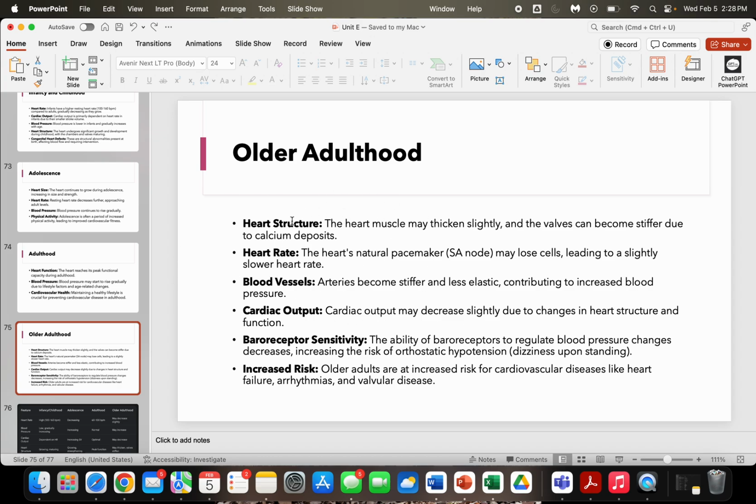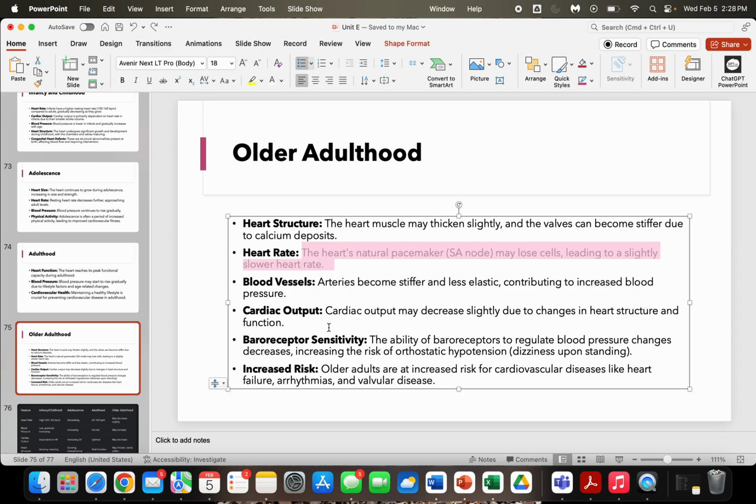So, just as you age and that organ wears and tears, these things can occur, right? Our electrical system can lose cells, which can result in a naturally slower rate. Our vessels and arteries become stiffer and less elastic, so that's why it's more common to see older people with high blood pressure. Our cardiac output can potentially decrease.